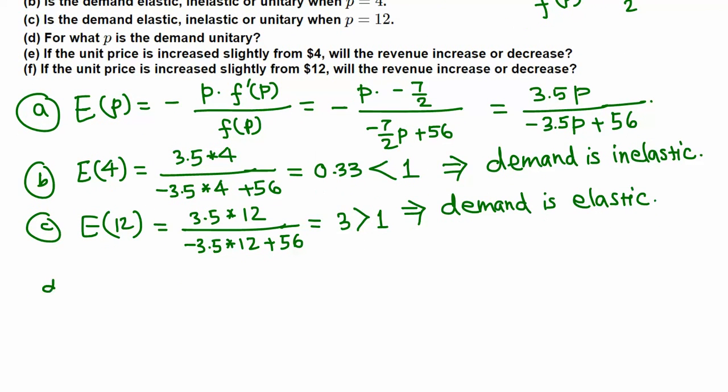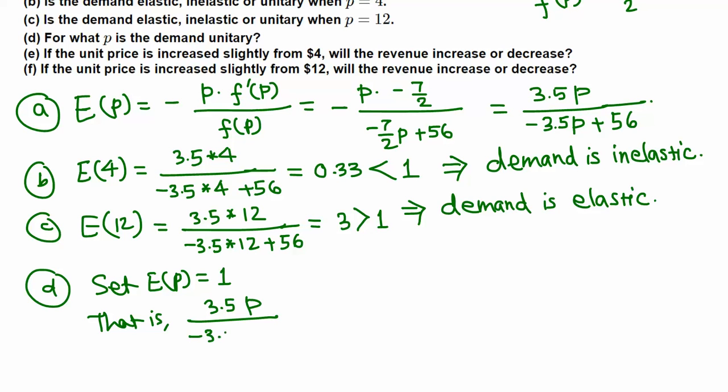Okay, in part D, for what price p is the demand unitary? Demand unitary means the elasticity of demand is 1. So we set elasticity of demand equal to 1 and solve for p. That is E(p) found here, 3.5 p over negative 3.5 p plus 56 equals 1.